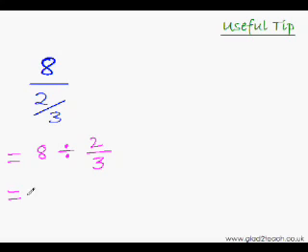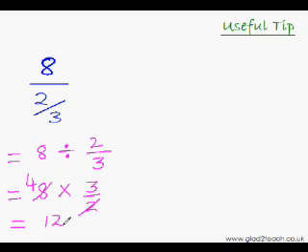So we can write 8 multiplied by the inverse of 2 by 3, that is 3 by 2. Now this can be simplified further. 2 4 times is 8 and 4 times 3 is 12. So this whole thing is nothing but 12.